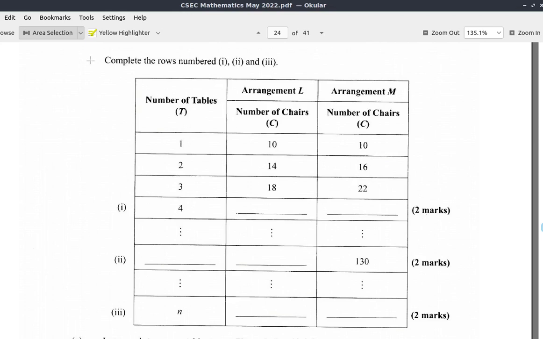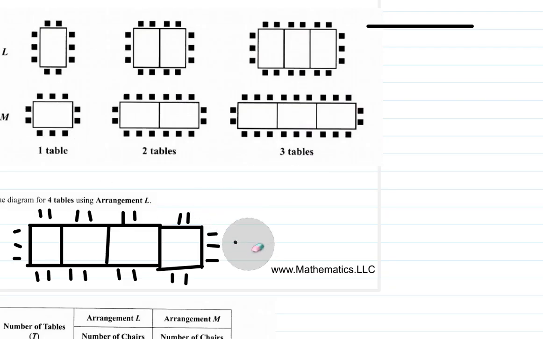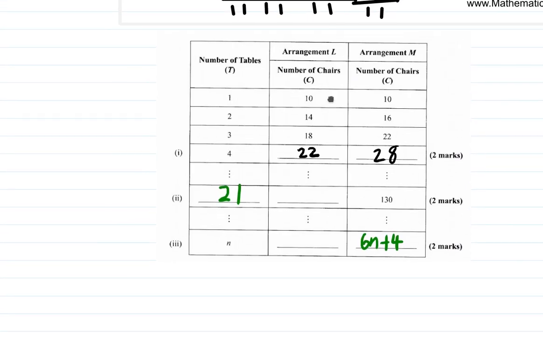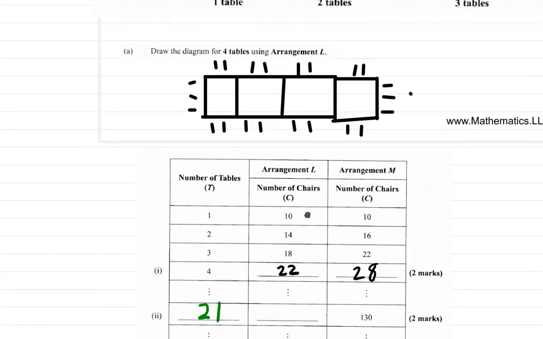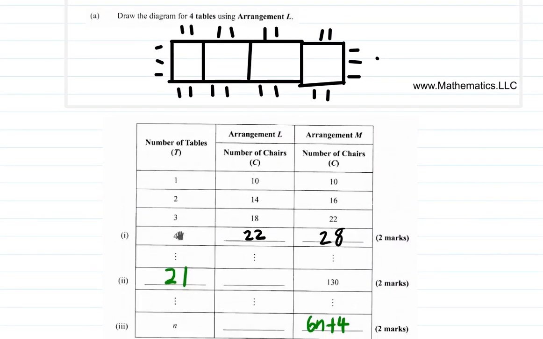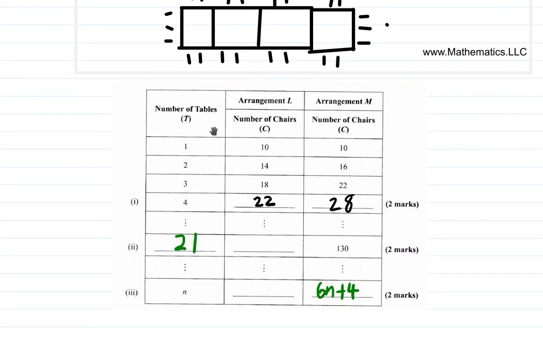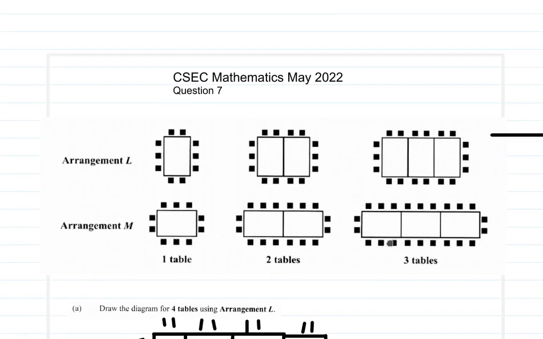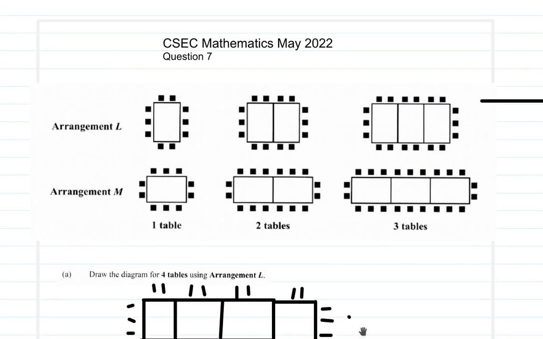In the last video, we filled out this part of the table for arrangement M. We looked at the formula giving the number of chairs for arrangement M in question 7, all right?